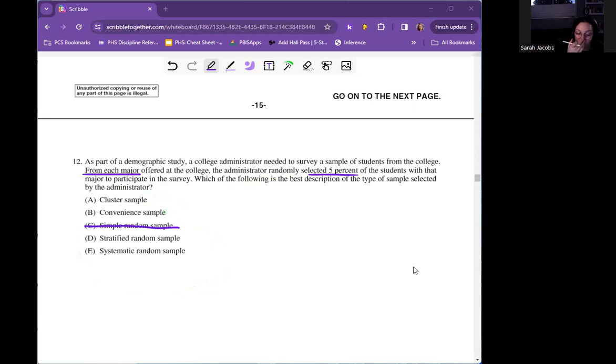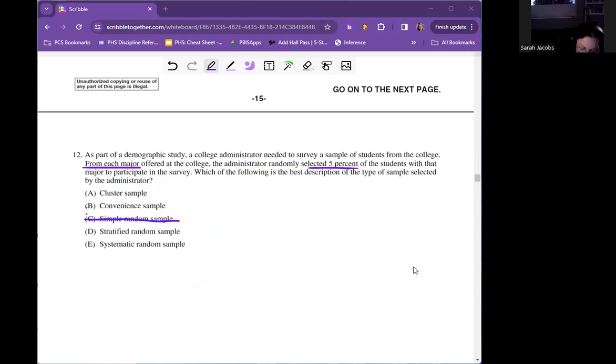A convenient sample would be if the administrator walked over to the building next to his office and asked the people who were coming out of class there, right? Because it's convenient. We can all hopefully understand why that might lead to some questions about generalizations we can make from that.